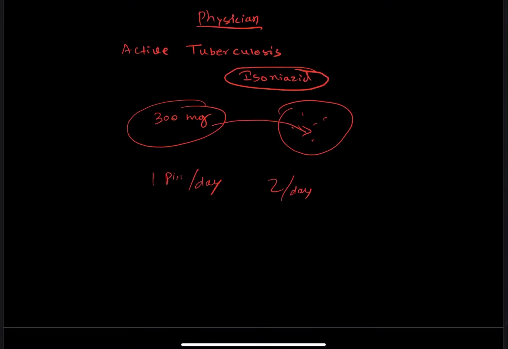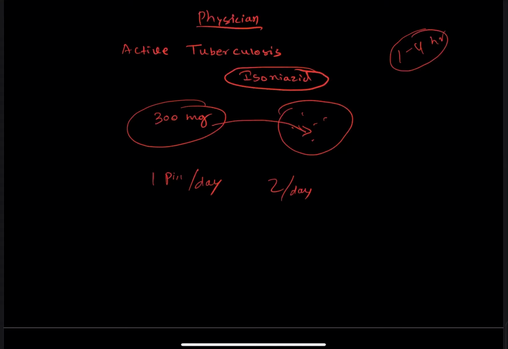Again, the half-life of isoniazid is 1 to 4 hours if you are a healthy person, your liver is working nicely, and your kidney is working nicely, because the kidney has a role in excretion of the metabolites after the drug gets metabolized.